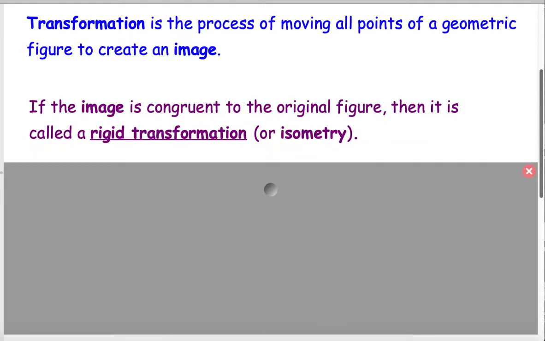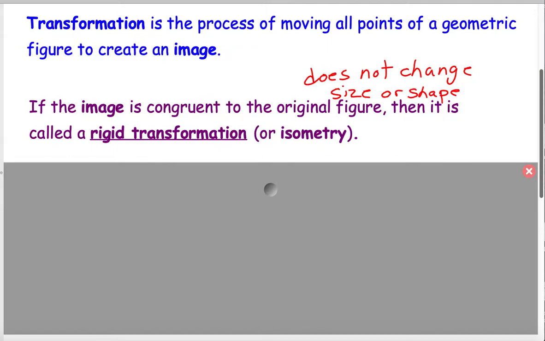If the image is congruent to the original figure, which means it's not changing size or shape, and that's important, maybe I should write that down, does not change size or shape, then we call that a rigid transformation, or sometimes you'll see in textbooks they'll call it an isometry.